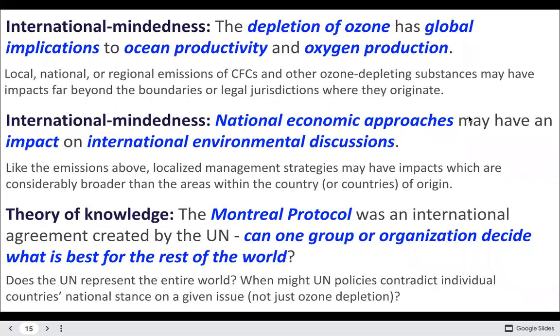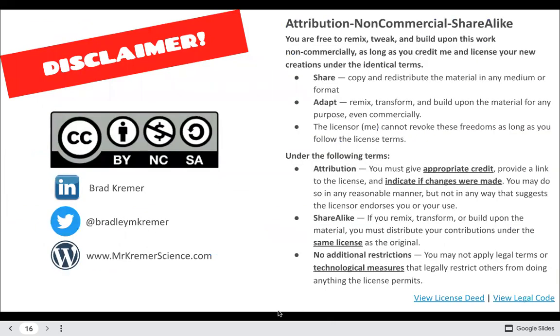Maybe not every country signed it, etc. But really good examples of international mindedness here, especially because the ozone exists over the whole planet, and the thinness of the ozone, the thin layer, is mostly over Antarctica, which is still largely international in its domain.